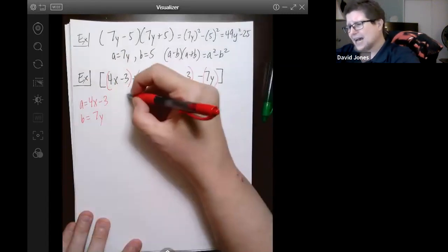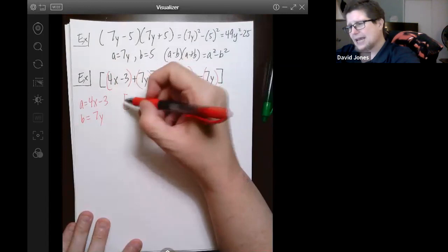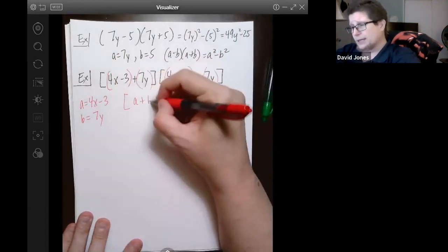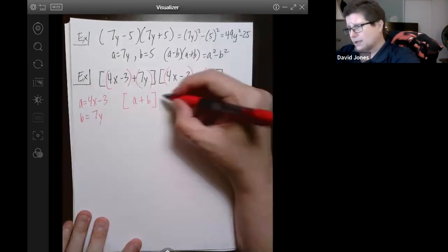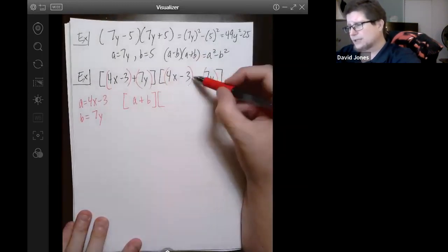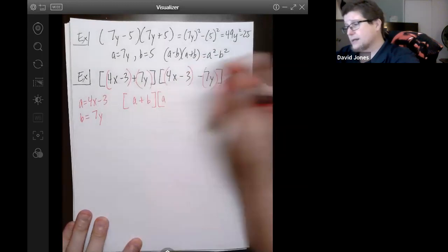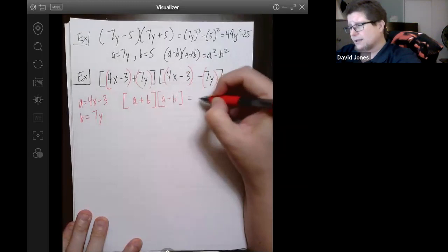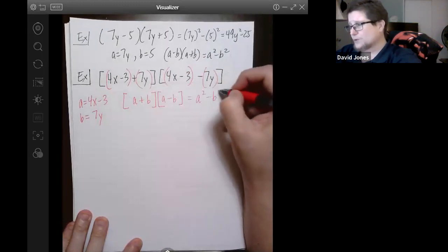Then what I have is 4x minus 3, that's a, I've got an a. And then plus 7y is plus b. And then the other bracket set, 4x minus 3 is a, and negative 7y is negative b. This is a squared minus b squared.